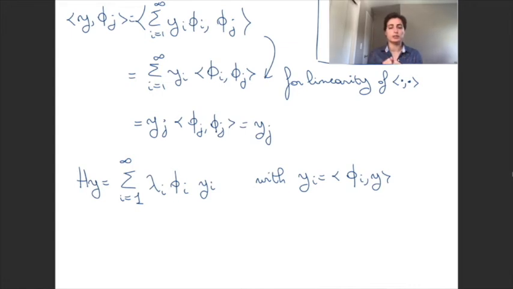But we know that the eigenfunctions are an orthonormal basis, so that product is 1 if i and j are equal, and 0 otherwise. So 0 otherwise means that our infinite sum collapses to just one value, and the fact that the product is 1 just disappears. So you see that there is a sort of circularity in here. We just proved that we can indeed do that.